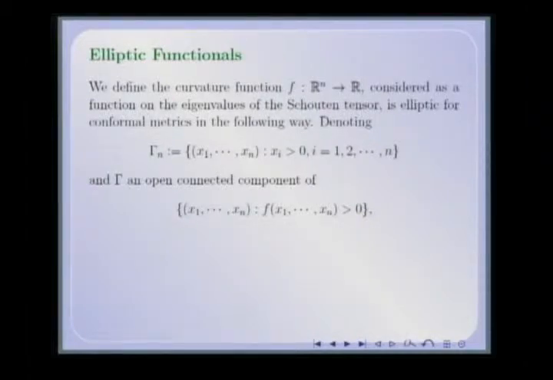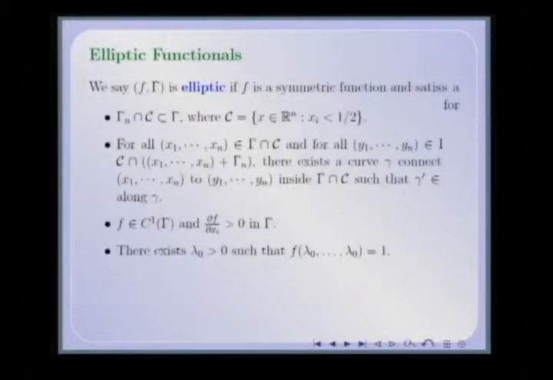So we are going to take an open connected component of the positive part of the functional, and we are going to take a function f with respect to the cone gamma that satisfies these four conditions. That this is in the cone. This final condition here and here all imply that the equation satisfies the maximum principle. These are the weakest conditions that you can assume for this kind of operator that satisfy the maximum principle.